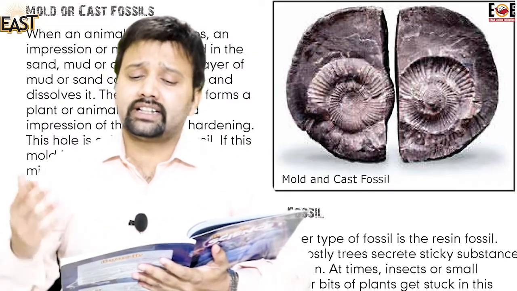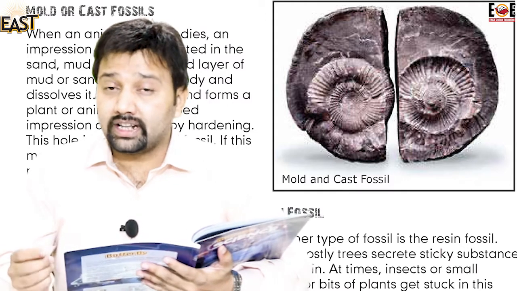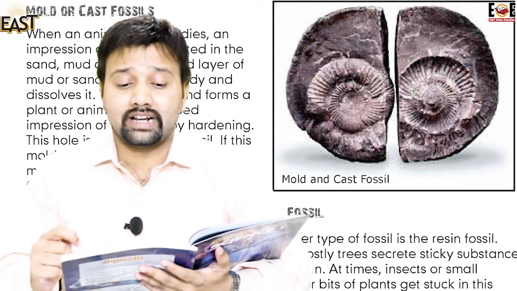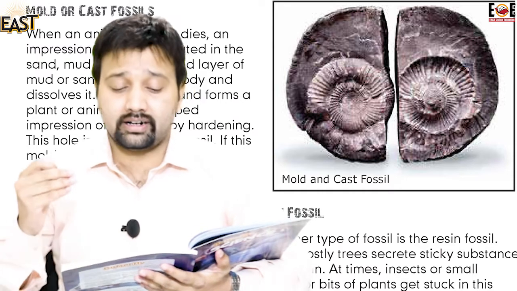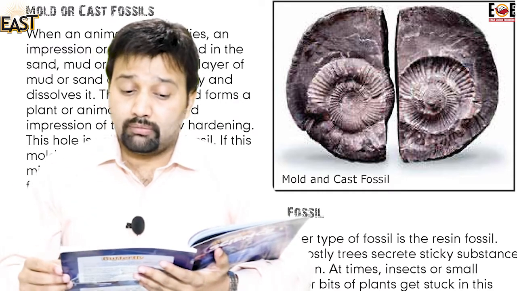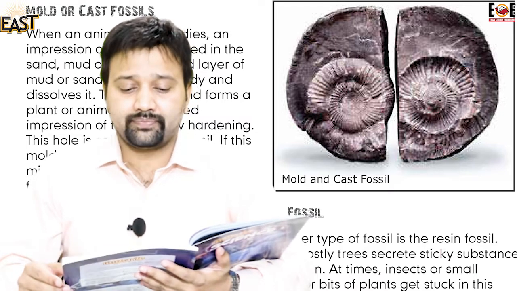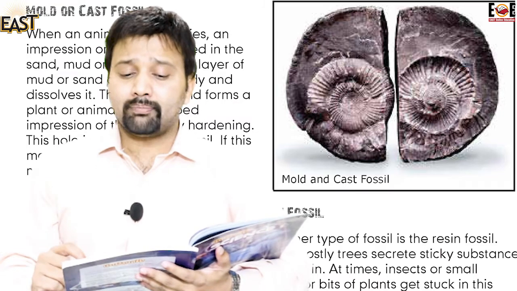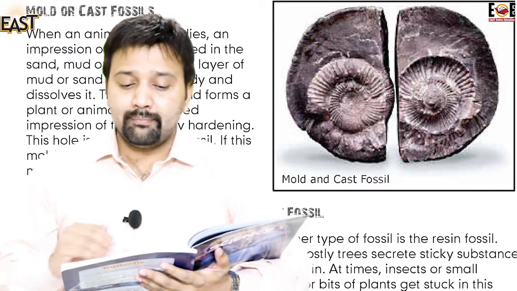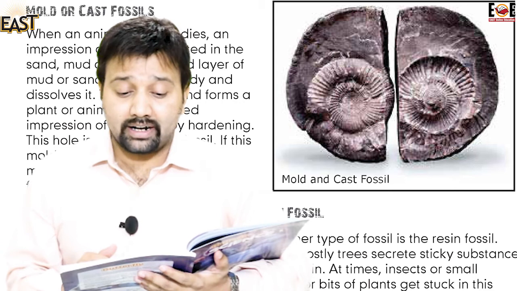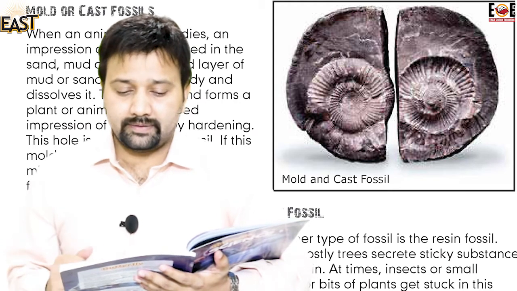There are many other kinds of fossils found in nature. Here is what they look like and how they are made. Mold or cast fossils. When an animal or plant dies, an impression or mark is created in the sand, mud or dirt.